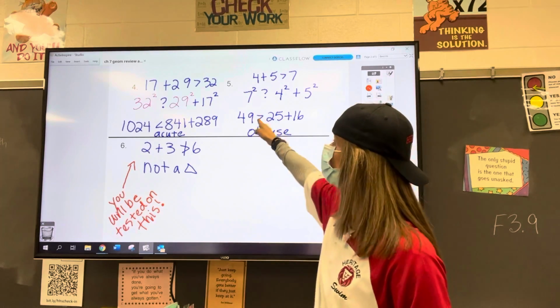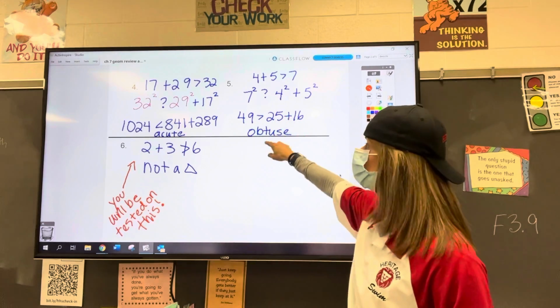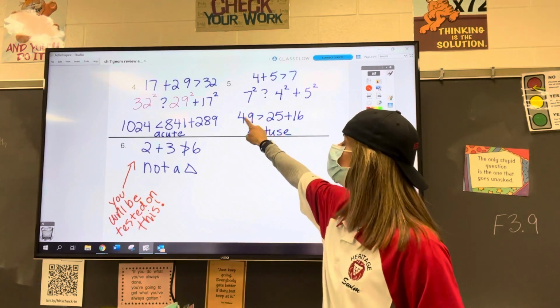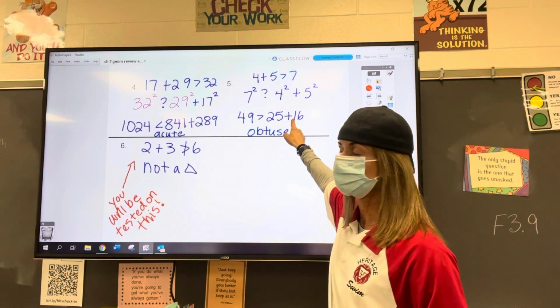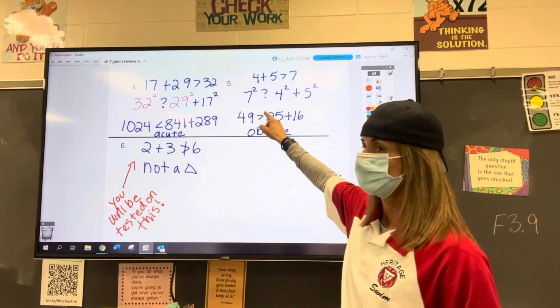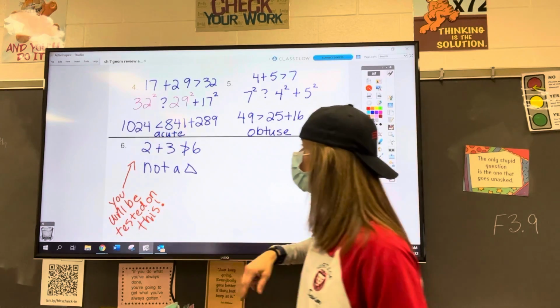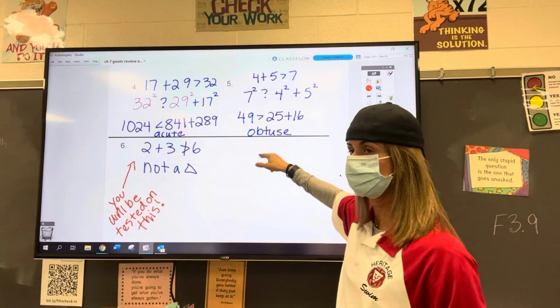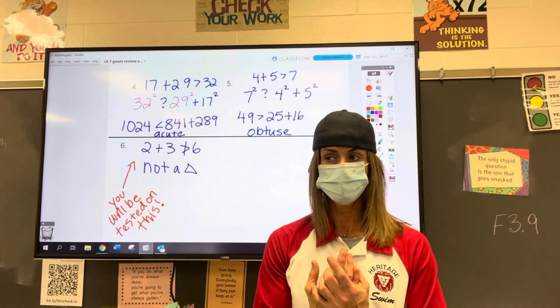In this case, when we look at the numbers, c squared is greater than a squared plus b squared, so it's obtuse. So if c squared is less than a squared plus b squared, it's acute. If it's greater than, it's obtuse. And if they're equal, it's a right triangle. Does this sound familiar?